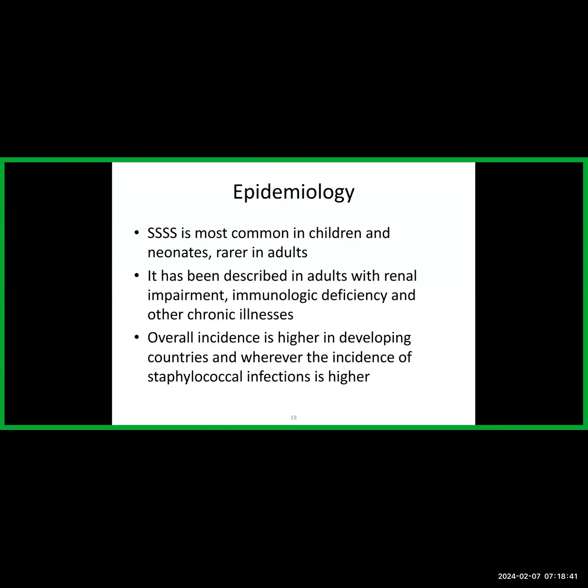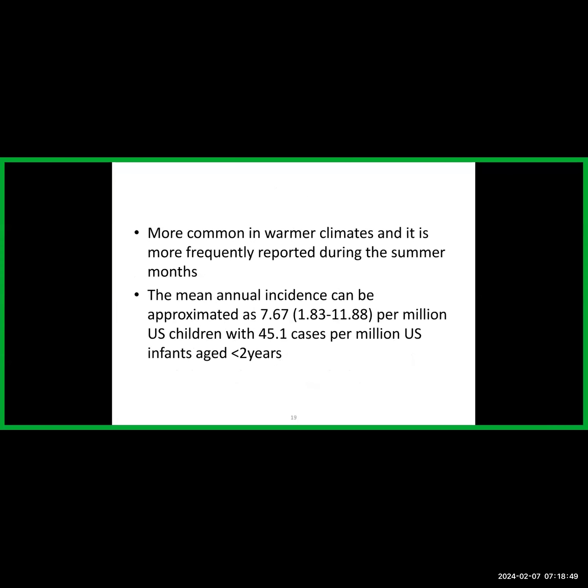Overall incidence is high in developing countries, and wherever the incidence of staphylococcal infection is higher. It's more common in warm climates, and it's more frequently reported during the summer months.